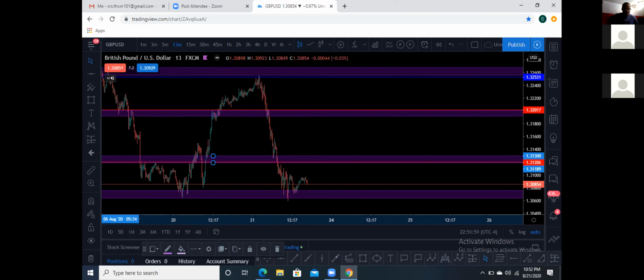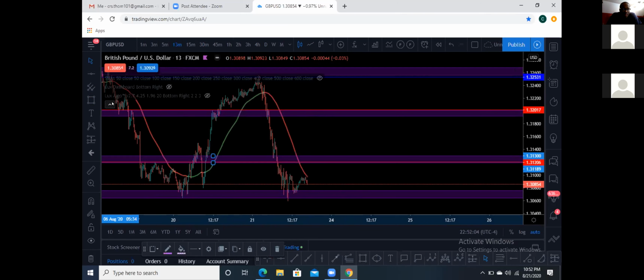Exactly. And another thing I forgot, I like to turn on my SMA, the 50 simple moving average. It helps me see that when you're above this green, that is nothing but buys, you're in a bullish market.